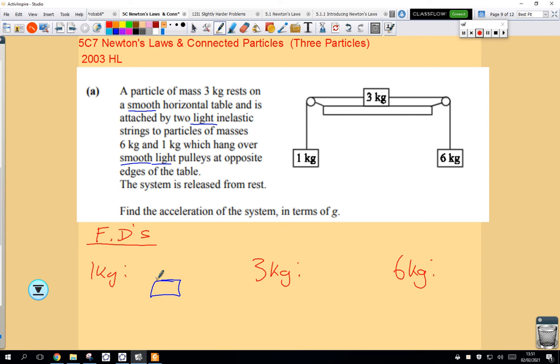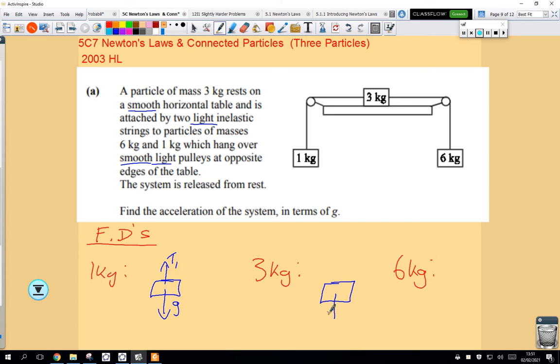The 1 kilogram mass has the force on the mass by gravity, which is called its weight. That's just 1g. And pulling up is the force on the mass by this string. Now this string here is different to this string, so we can't say there's one tension, so we'll call that tension 1.